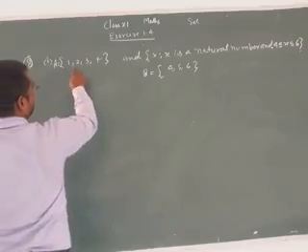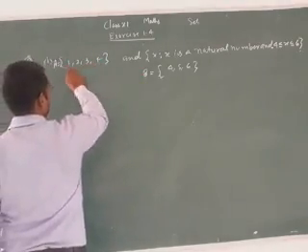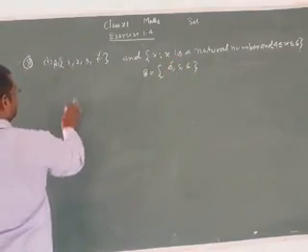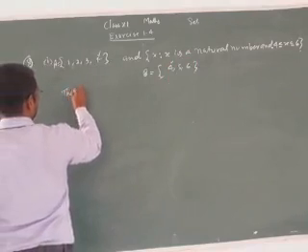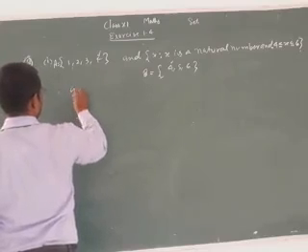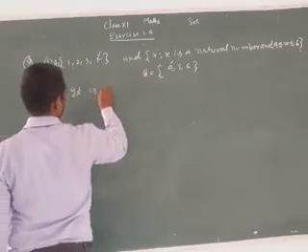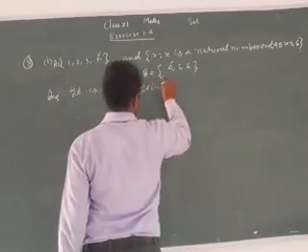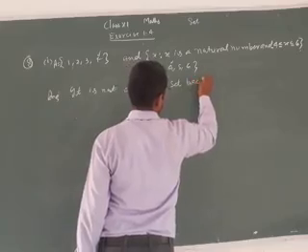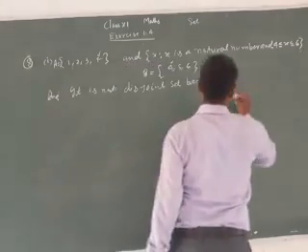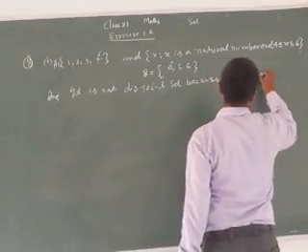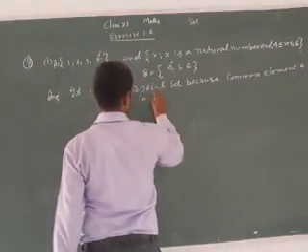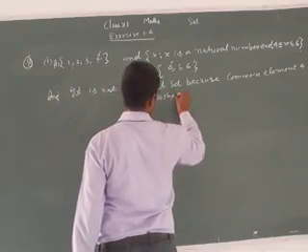Sets A and B have the common element 4, so it is not a disjoint set, because the common element 4 is in both sets.